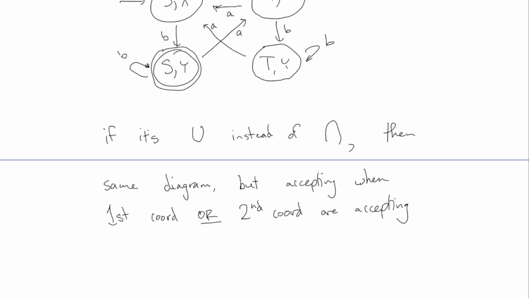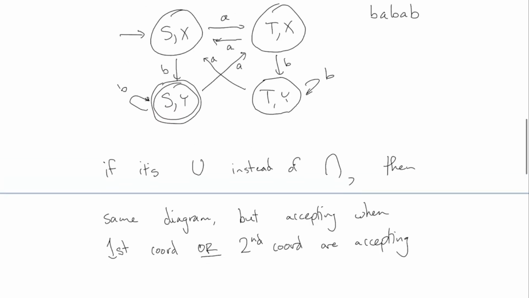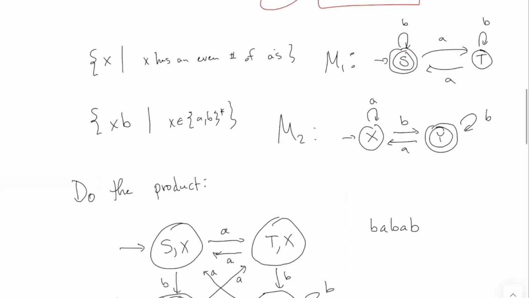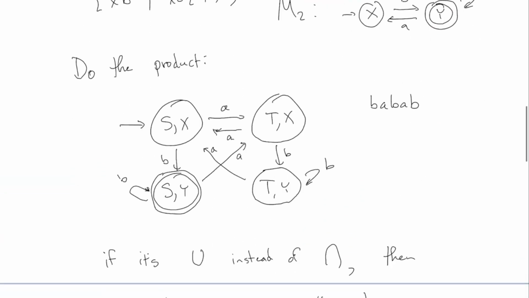And if you were trying to do the union, for this example, you would choose all of the ones where S is accepting and also Y is accepting. Now in this example, because I was doing the intersection, I took only the one with S and Y. If I were doing the union instead, I would take all the ones with an S or a Y in them, which is all except that one actually. So that would have been, like he said, this one and also SX and also TY.